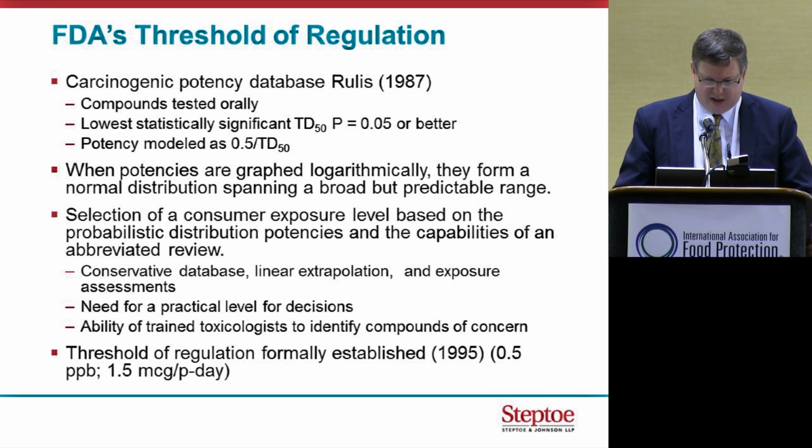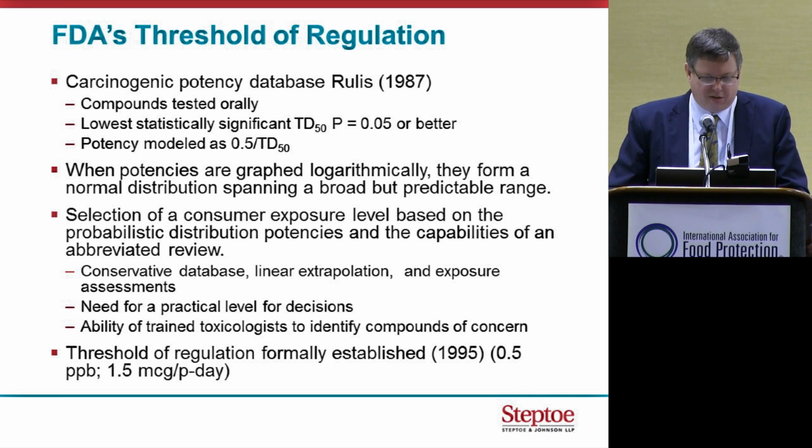And in 1987, Alan Rulis published an initial paper on this analysis where he had pulled data from the database that had been tested orally, that had dose response data that allowed the derivation of a TD50. That is a dose, analogous to the LD50, that results in tumors over the lifespan of the animal in 50% of the animals, and for which that TD50 had a minimum statistical significance.